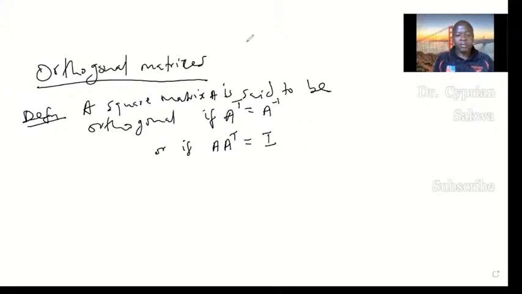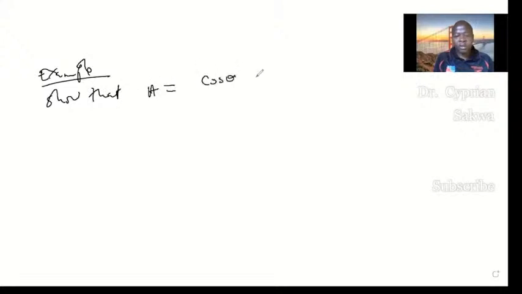Let's look at an example, and that is our last example for today. The example says, show that A, which is cos theta, negative sine theta, sine theta, cos theta, is orthogonal.